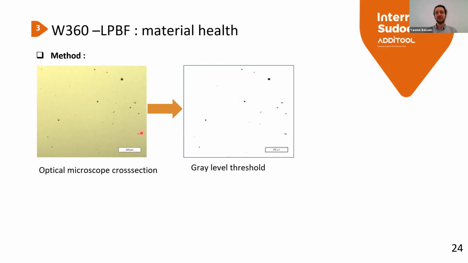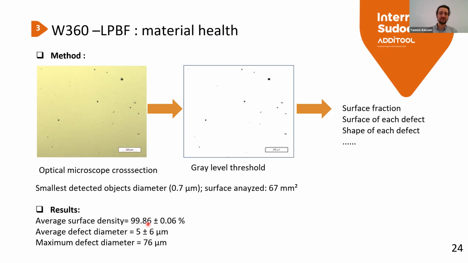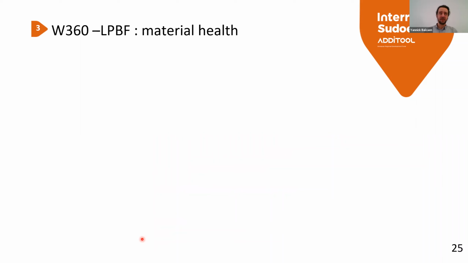So we investigated the material health using image analysis, and we've observed that the average surface density was above 99.8%, and we have very small defects in this image with a maximum defect diameter just under 18 microns. So we have a very good material at the beginning, considering an LPBF process.